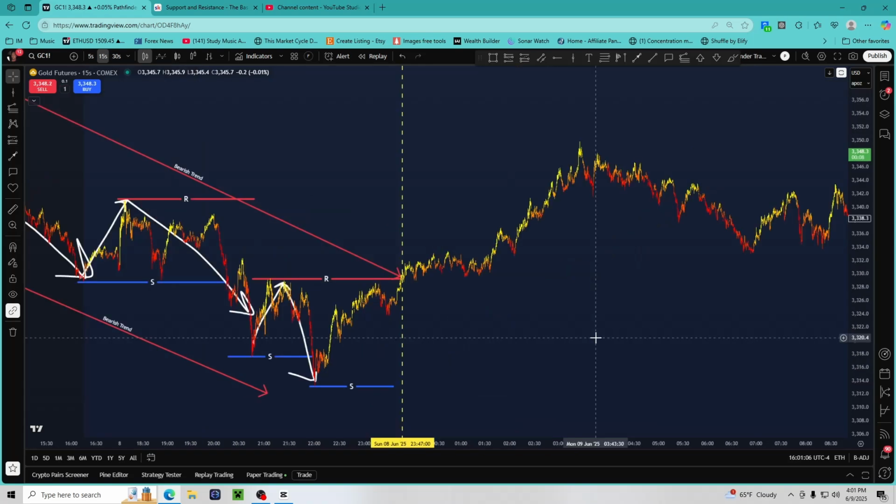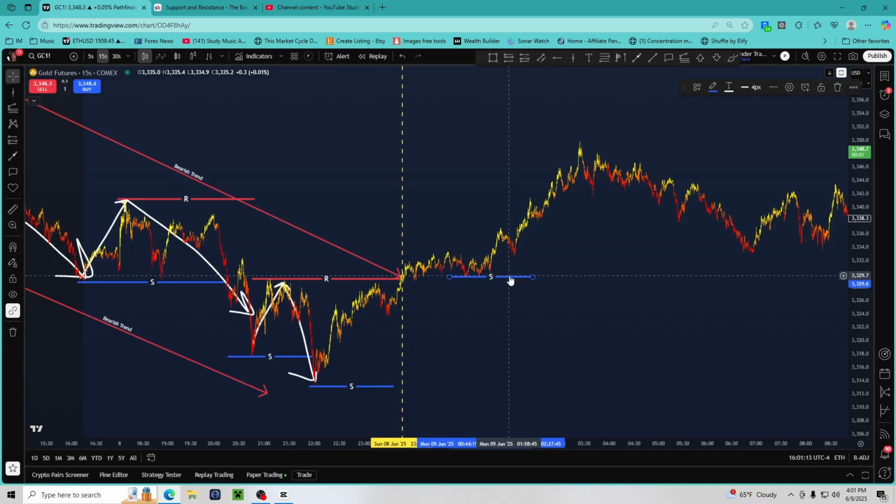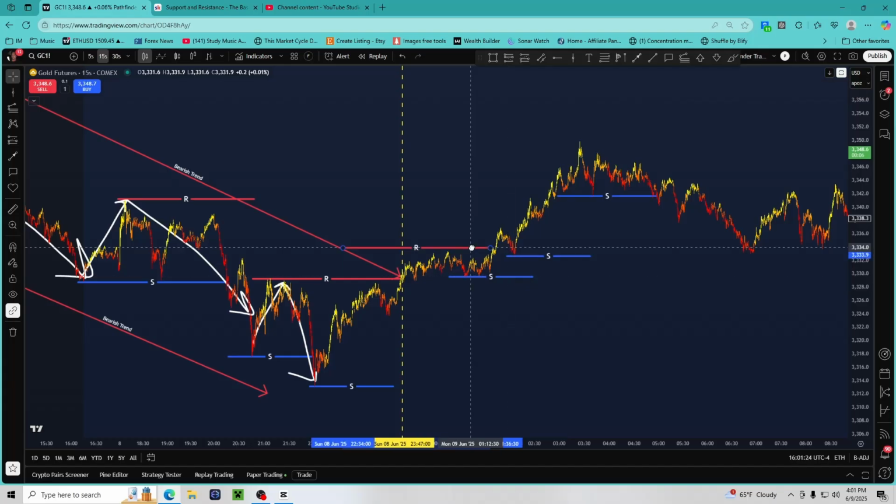Now the market begins to create new levels of support in a different market structure, as well as new levels of resistance, which you can see throughout here.